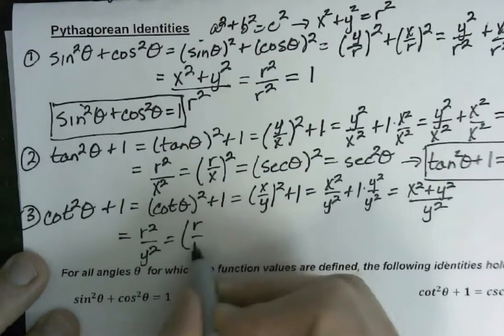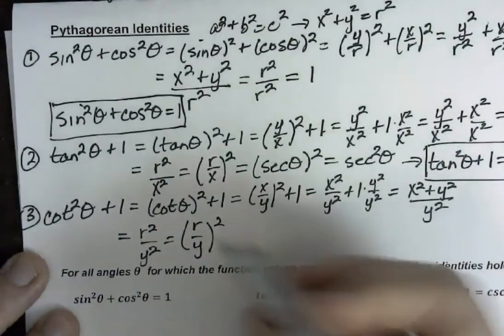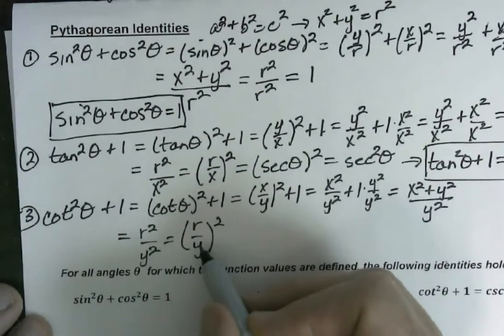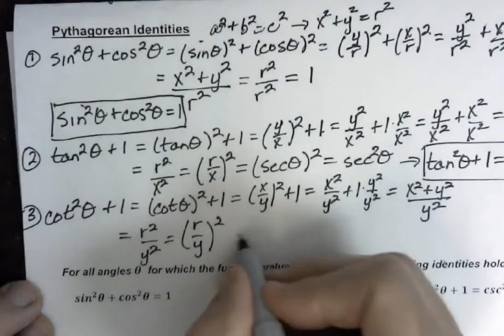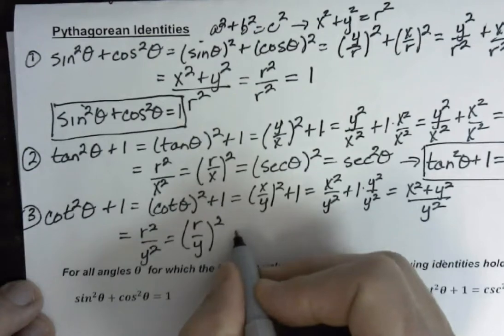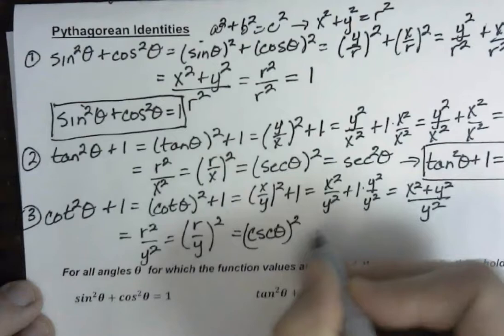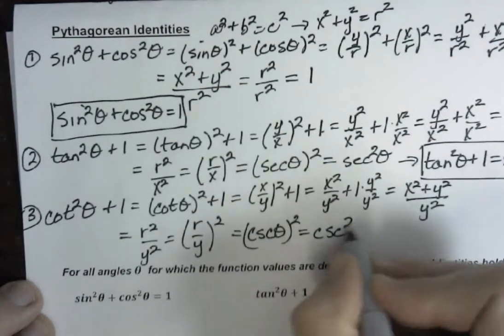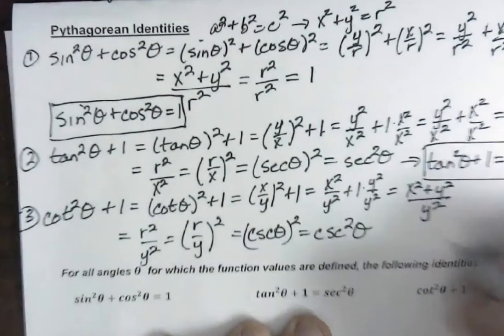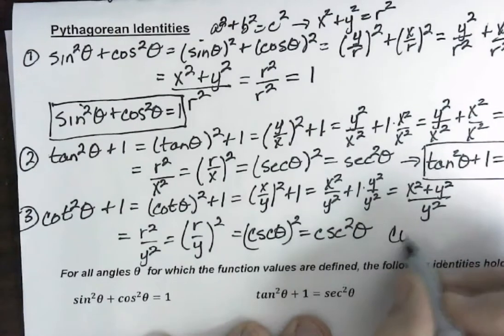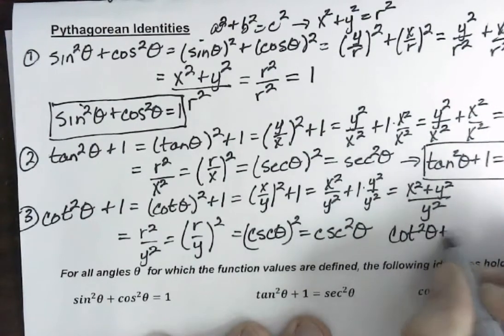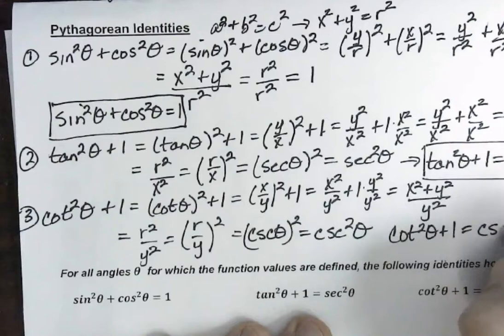We can rewrite that as r over y quantity squared. And r over y, if we look at our 6 trig functions, that is the same as cosecant. So our third Pythagorean identity is that cotangent squared theta plus 1 is equal to cosecant squared theta.